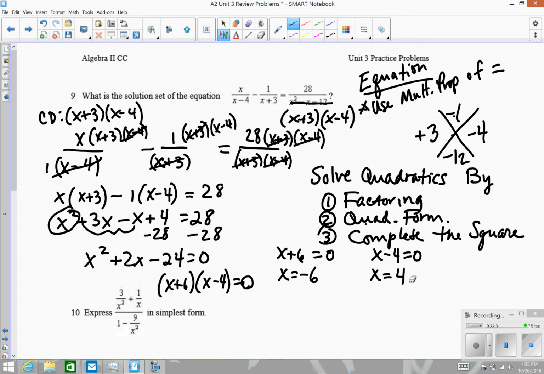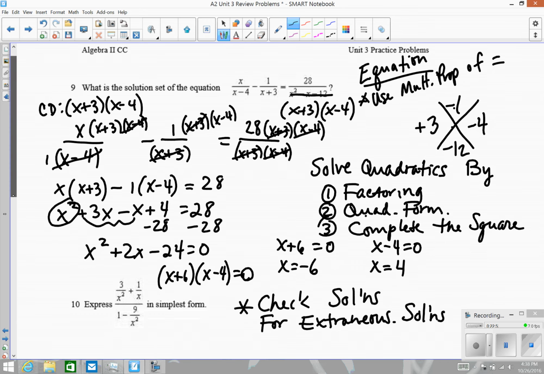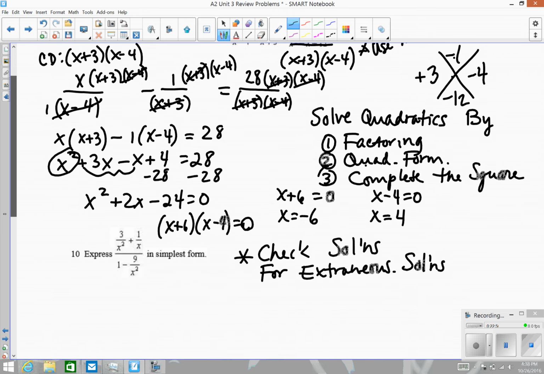Now, you must, on these rational equations, you must check solutions, because you could have some extraneous solutions. So I want to check my solutions for extraneous solutions. Alright, so I've got to check my negative 6 and check my 4.